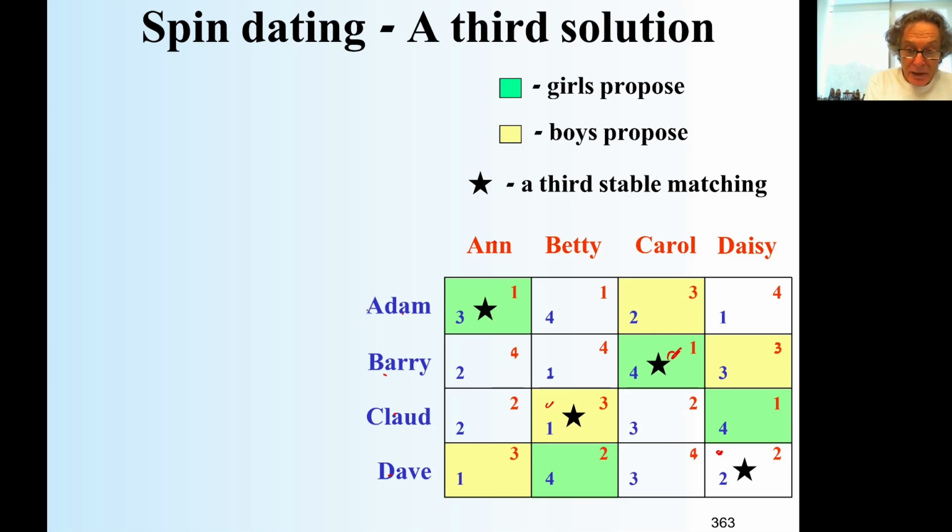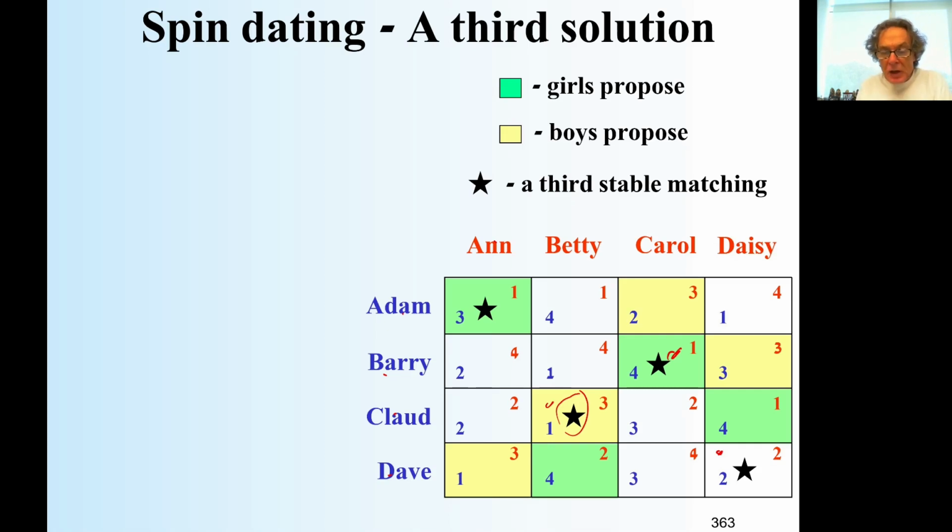But Adam and Anne were paired in the girls proposing algorithm, and Claude and Betty were paired in the boys proposing algorithm. So this is a mismatch in a sense. You have a new stable matching, and in it Dave and Daisy were not matched in either one of them.